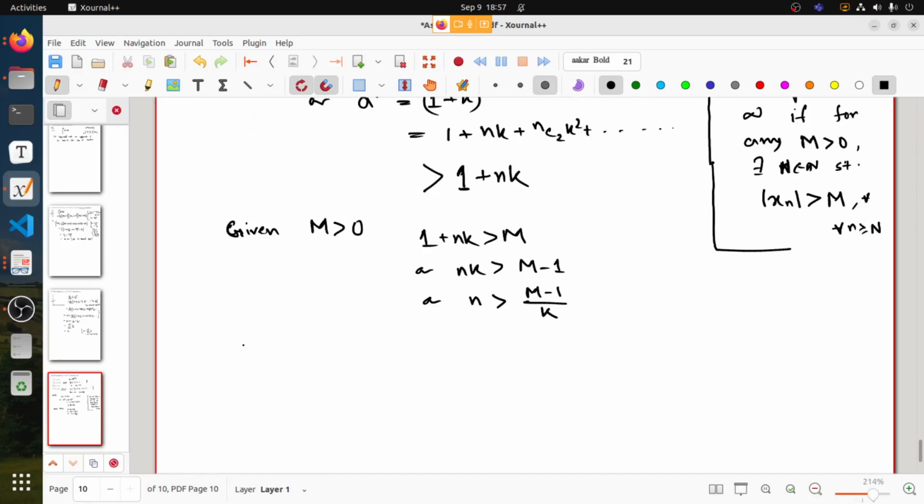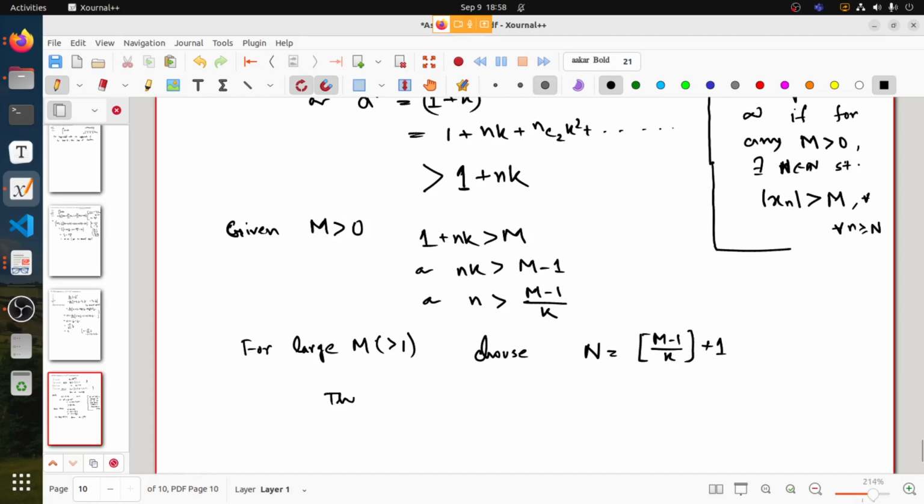So for large m, taking m greater than 1, choose capital N equal to the greatest integer of m minus 1 by k, plus 1.